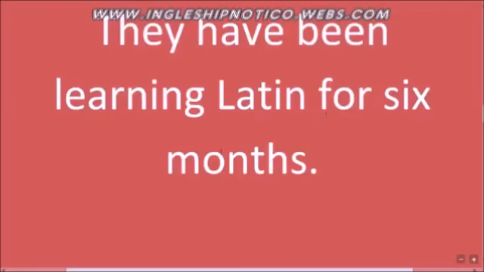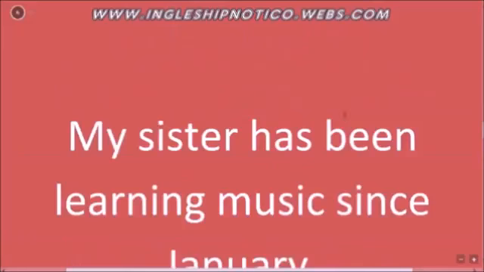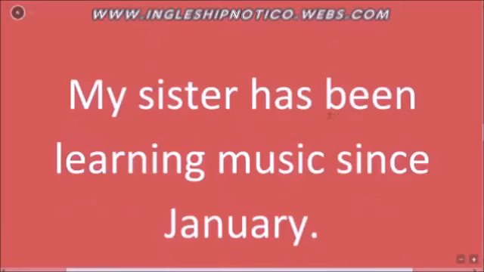And then we can use "since July", for example, or "since August", they've been studying Latin. So those are the comparisons that I have for using "since" and for using "for".